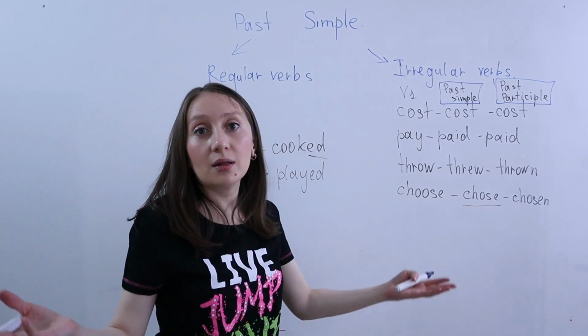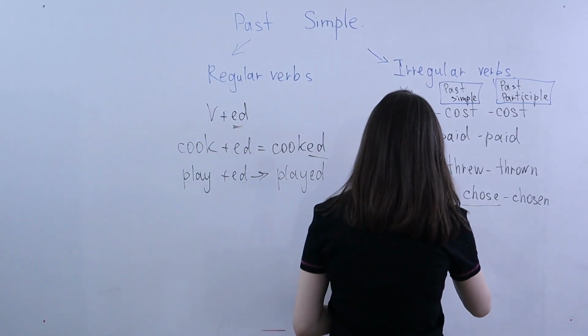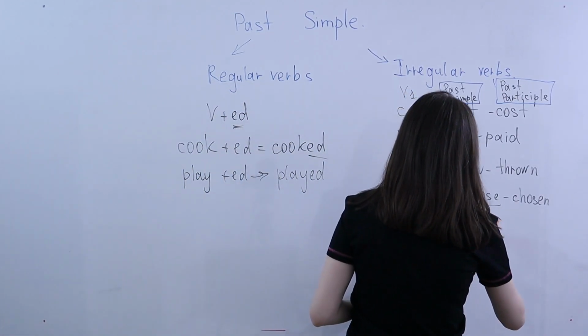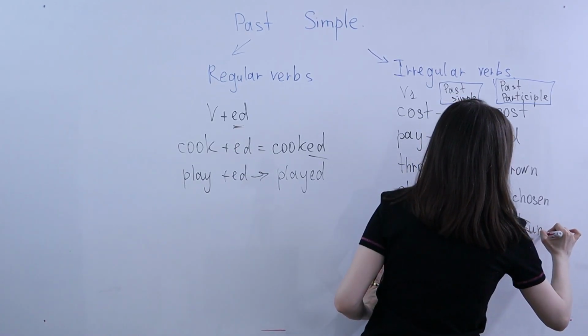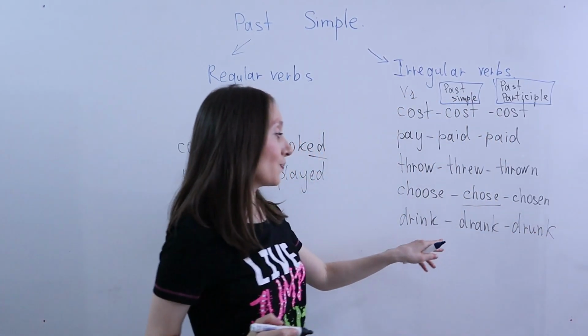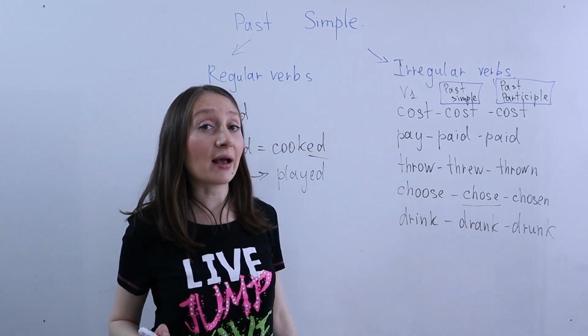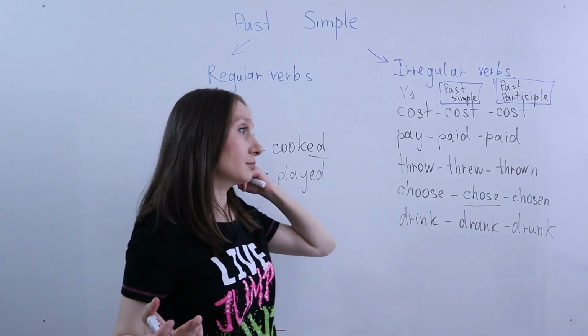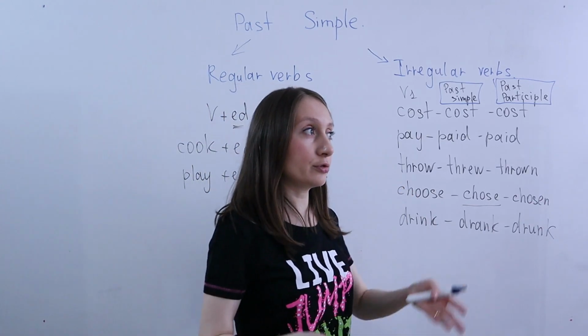And one more example, the popular one, drink, drank, drunk. You see, we changed the letter I into A and we have drank. I drank orange juice, for example, I don't know, 2 days ago.